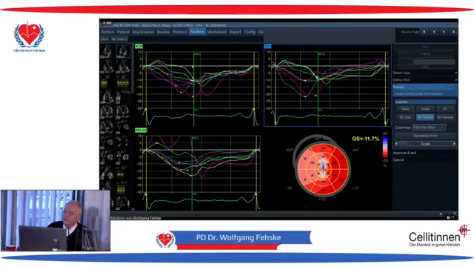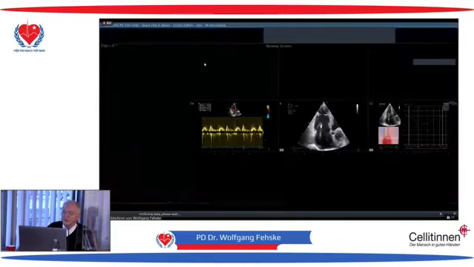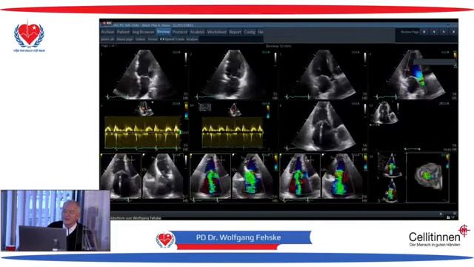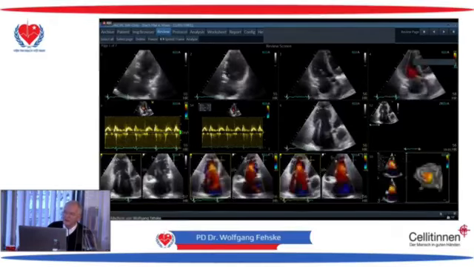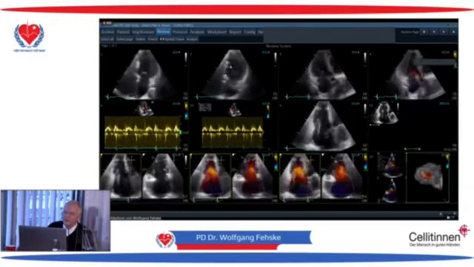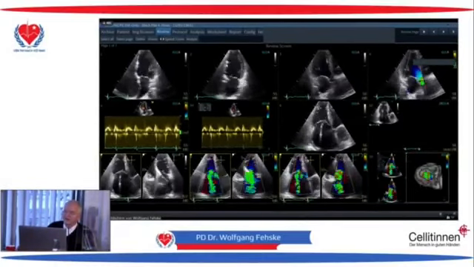So we can prove that this patient had an inferior infarction, and if you look at the wall, it is thickened, an echo-reflecting area, and it is thick.